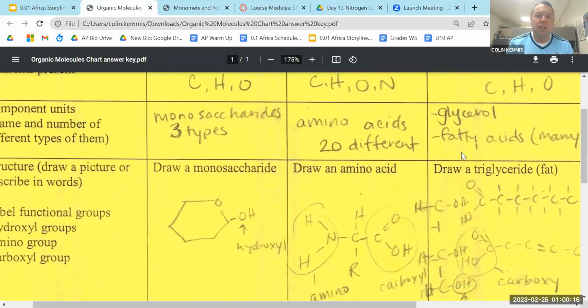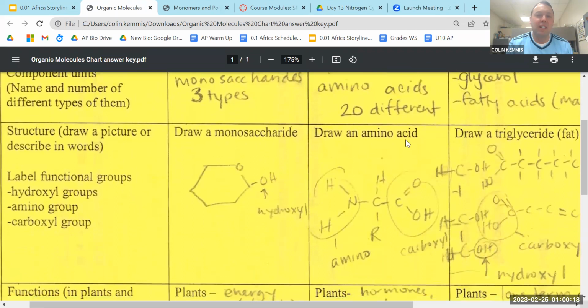All right, let's draw one. I love drawing biochemistry. So here would be a glucose. Here's the OH group, called hydroxyl. Here's the amino acid. We have the NH2 nitrogen here, the amino group, central carbon, and then we have the carboxylic acid, the carboxyl group, C double bond to O, and C single bond O single bond to H. In the middle, we have the central carbon and hydrogen.